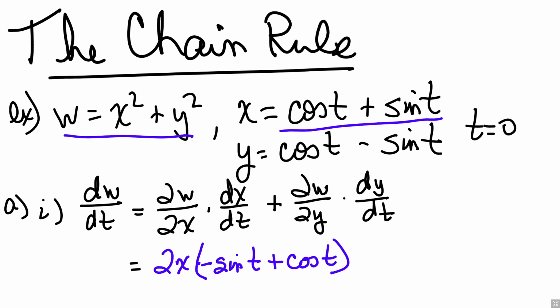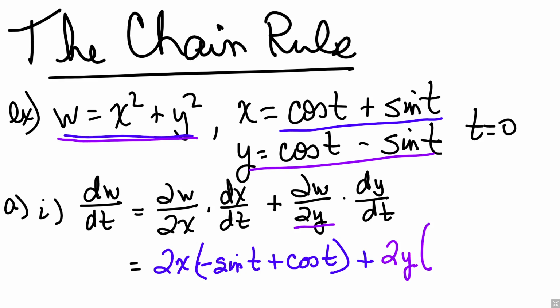Then plus, next, we take the partial of w with respect to y, which is 2y, times the derivative of y with respect to t, which is negative sine of t minus cosine of t.